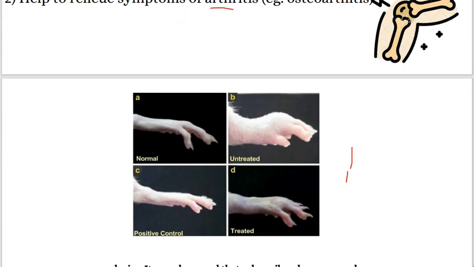Okay, so this is the normal and this is untreated. When you are injecting carrageenan, there is edema, and when celecoxib is given, there is a positive control test. It is being treated.